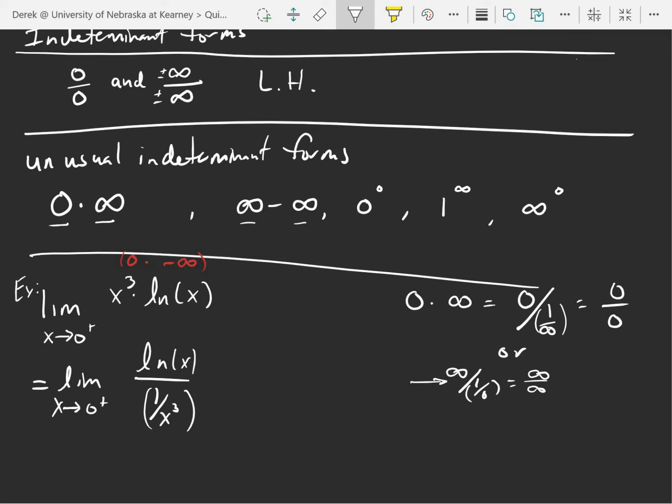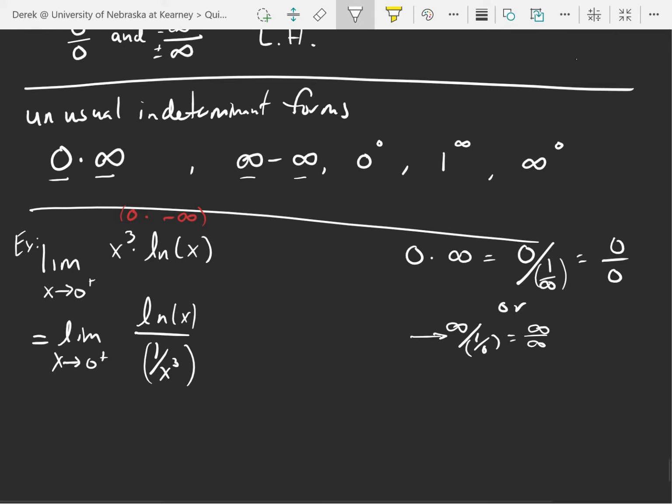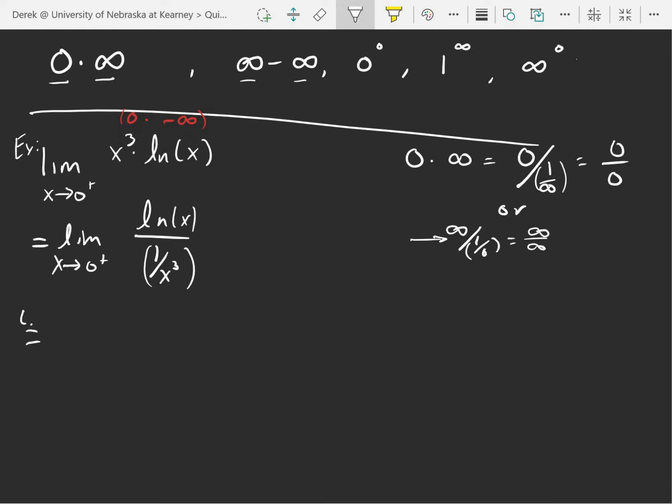Now I've got this as infinity over infinity, and we can use L'Hopital's rule, and this is going to be the limit as x goes to 0 from above. The derivative of natural log of x is 1 over x. The derivative of 1 over x cubed is negative 3 divided by x to the 4th.